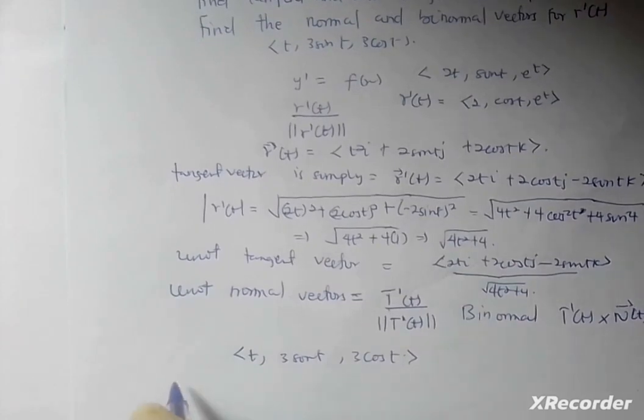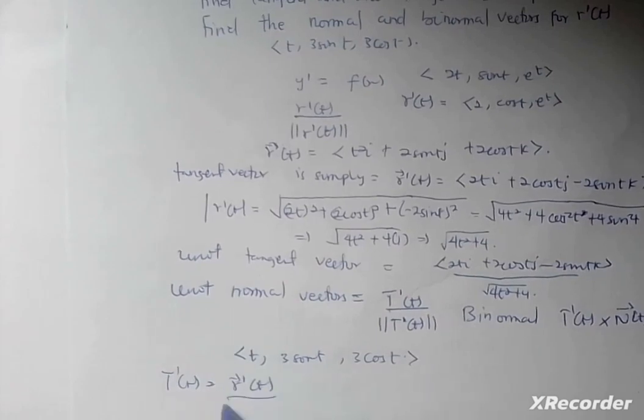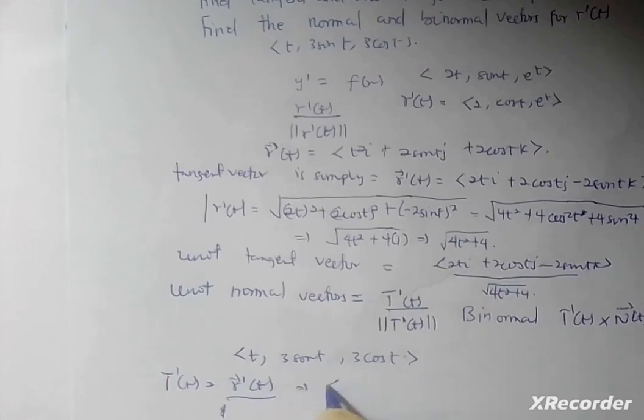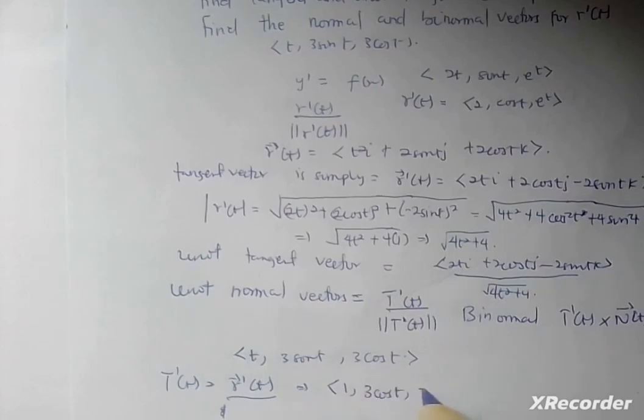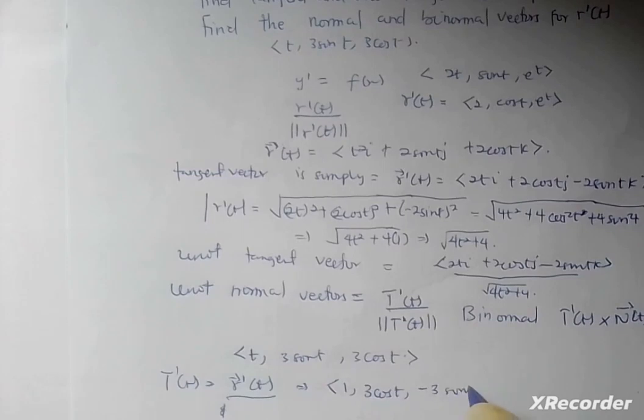So my tangent vector is r prime of t over the length; this is just the tangent vector, so you just differentiate. This is equal to 1, then 3 sin t gives 3 cos t, then 3 cos t gives negative 3 sin t, as my tangent vector.